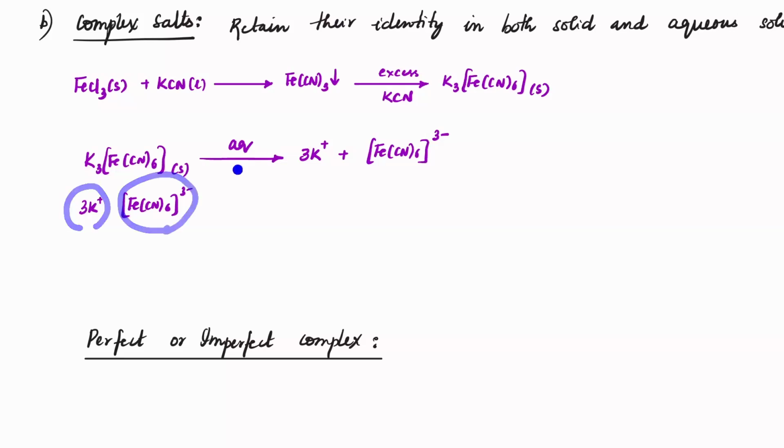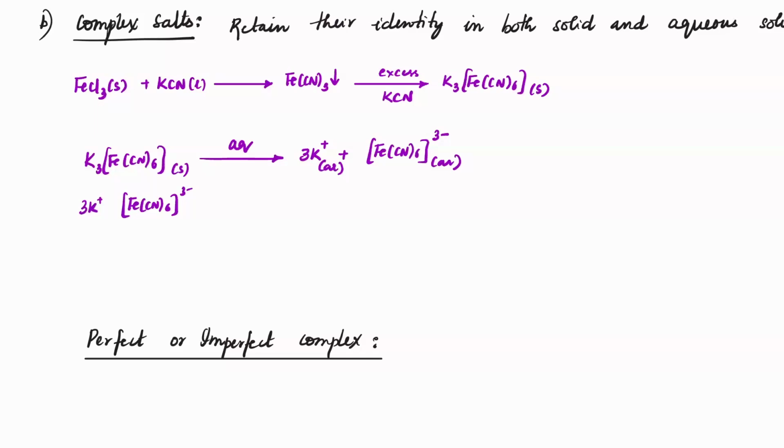And when you add it to aqueous solution also, it is identified in the same manner, right? Which means the salt is not converting into basic ions like a double salt.